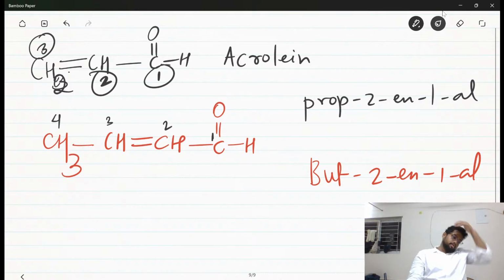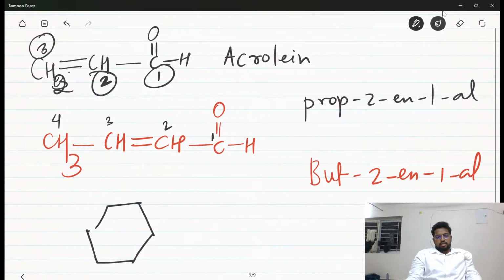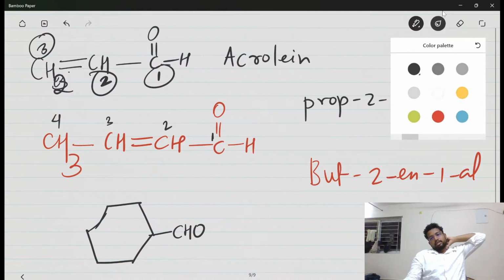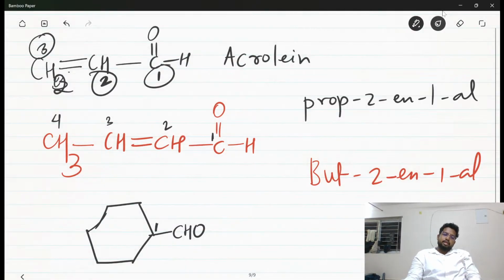Next molecule which you have to name: a 6-member ring, and it has a CHO. Here you have to be very careful. I told you two suffixes of aldehyde. What are those two suffixes? One is al, another one is carbaldehyde.